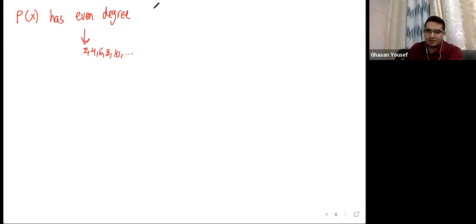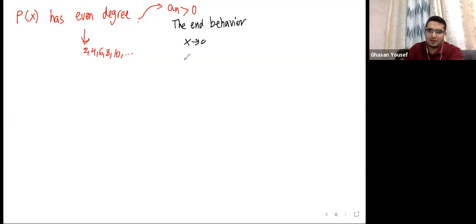Now, we have two cases. The first one, when an, the leading coefficient, is positive, so the end behavior for this: when x goes to infinity and when x goes to minus infinity.